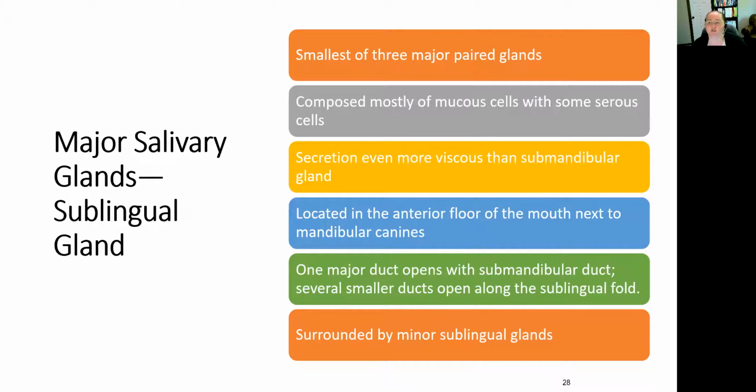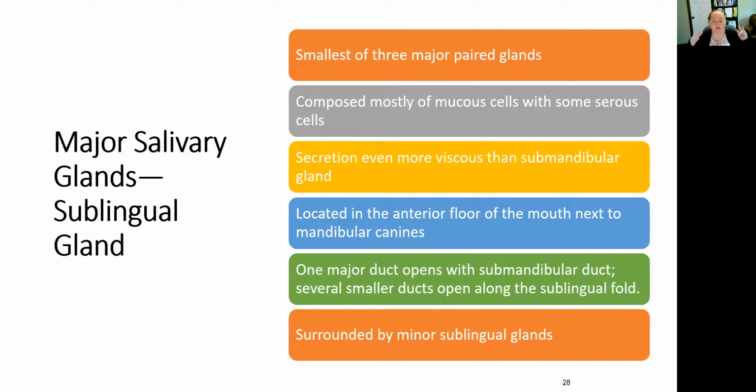All right, let's go to our sublingual. That is our smallest gland and the gland that produces the least amount of secretions. The secretions are more viscous than the submandibular, located in the floor of the mouth next to the mandibular canines. One major duct opens with the submandibular duct, and then several small minor ones.